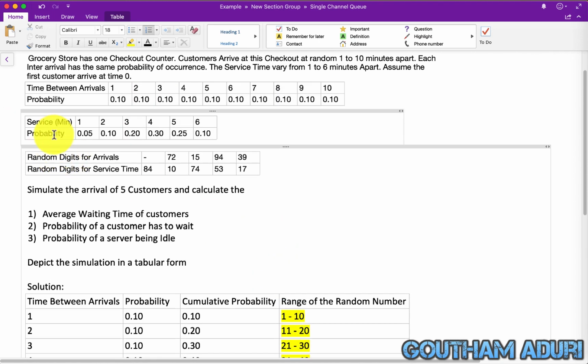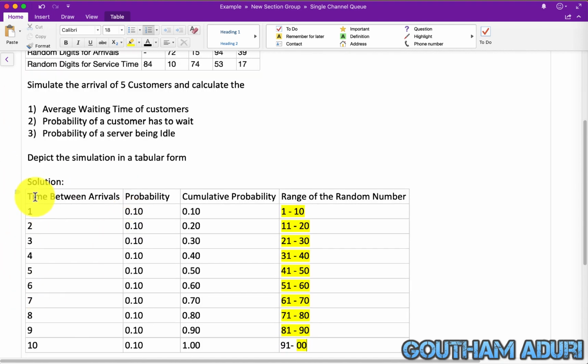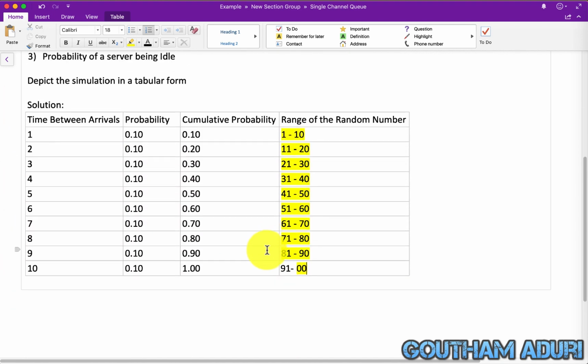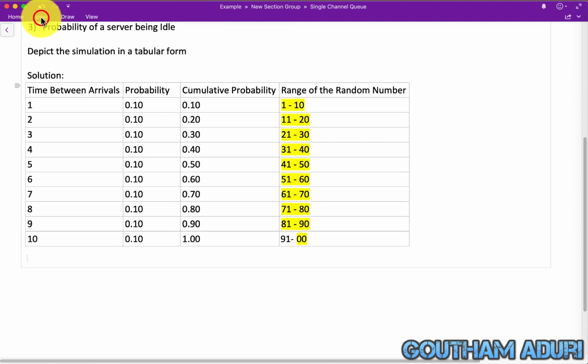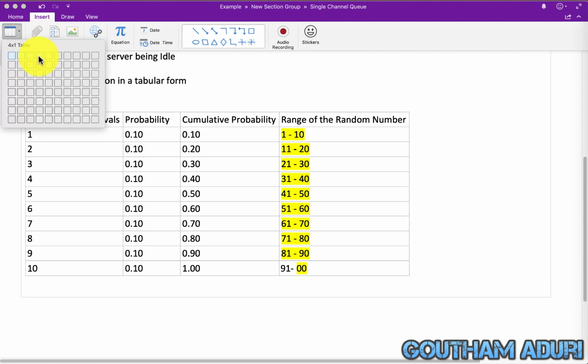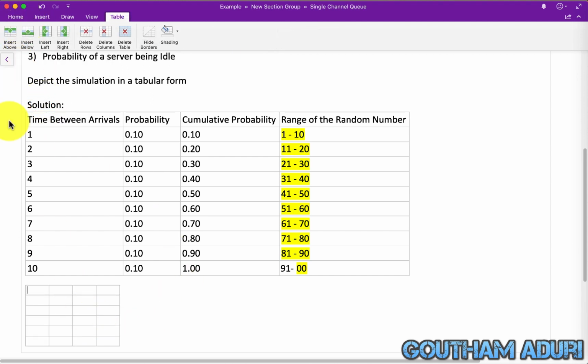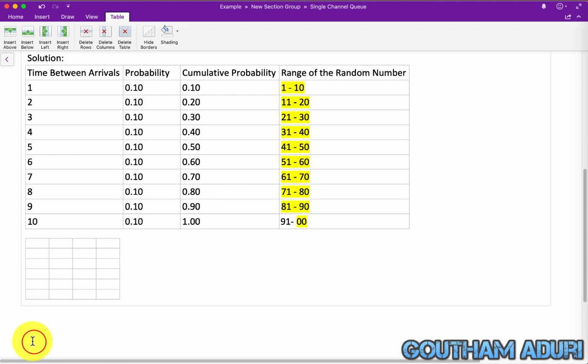The next one is the random service time and the probability. The service time may vary from 1 to 6 minutes. So I will draw one more table for the service. This is the inter-arrival table, and the next one is the service time. Here also I need 4 columns and 6 rows, so I will insert 4 columns and 6 rows.